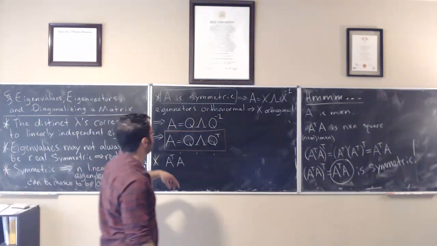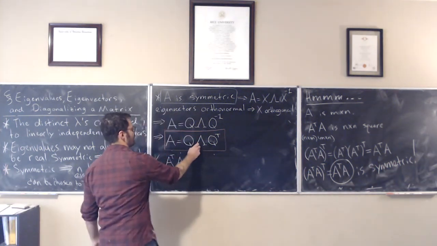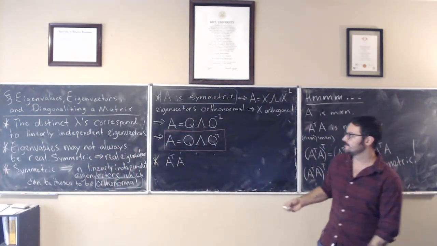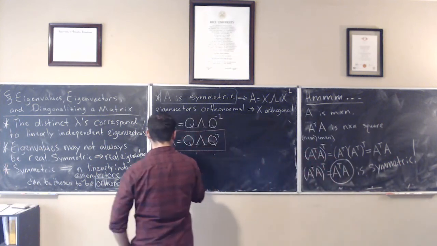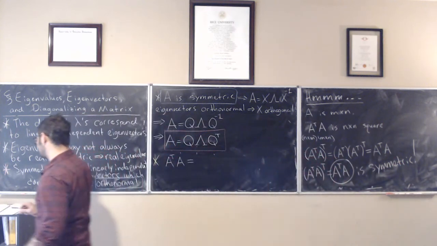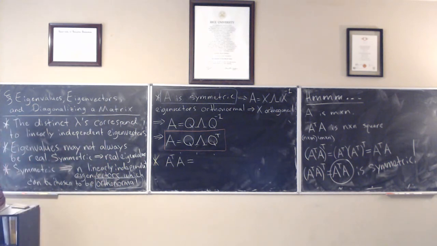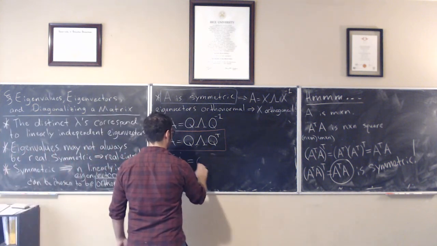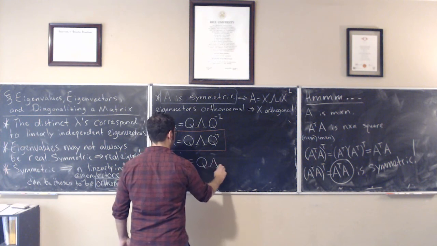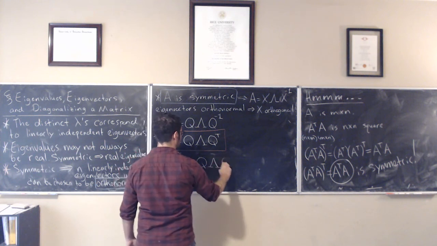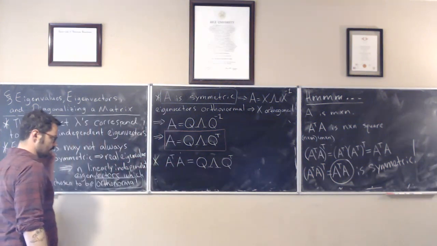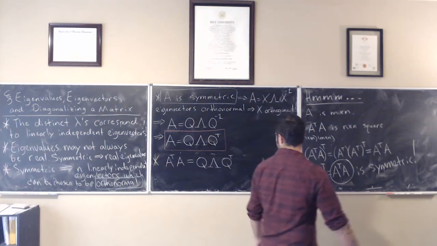So we know that we have this eigenvalue decomposition with orthonormal eigenvectors. I'm not going to use the notation yet, but we know that it has this decomposition.